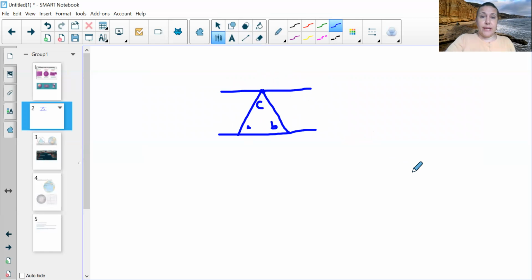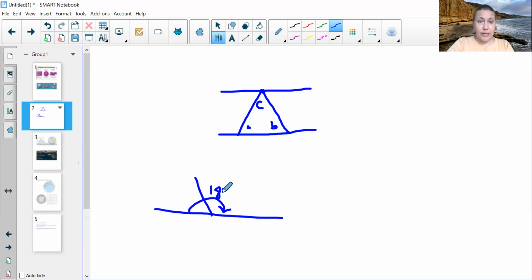But let's all agree that this pair of angles, known as a linear pair, has to add up to 180 degrees. I think we agree on that because a complete rotation is 360 degrees, so halfway around has to be 180 degrees.